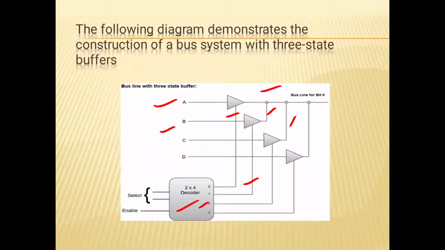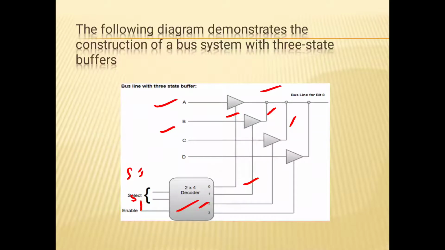In this case, we take the select lines as S1 and S0, which have four possible states: 0 0, 0 1, 1 0 and 1 1.